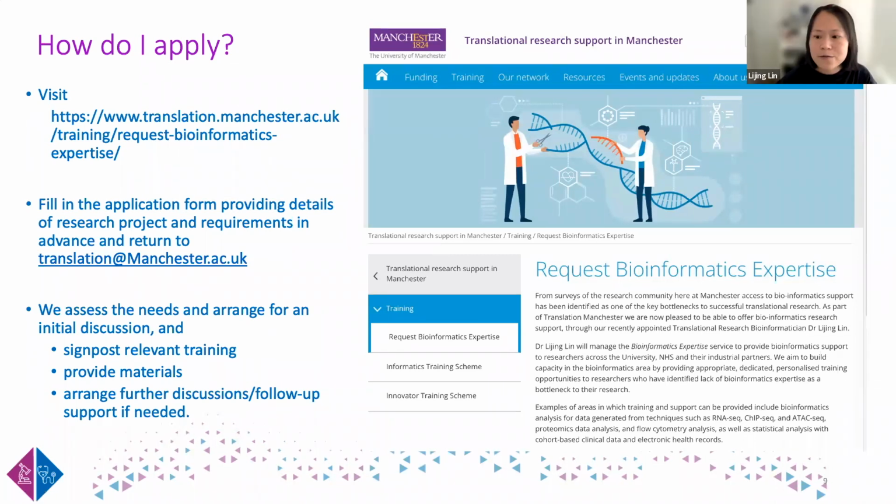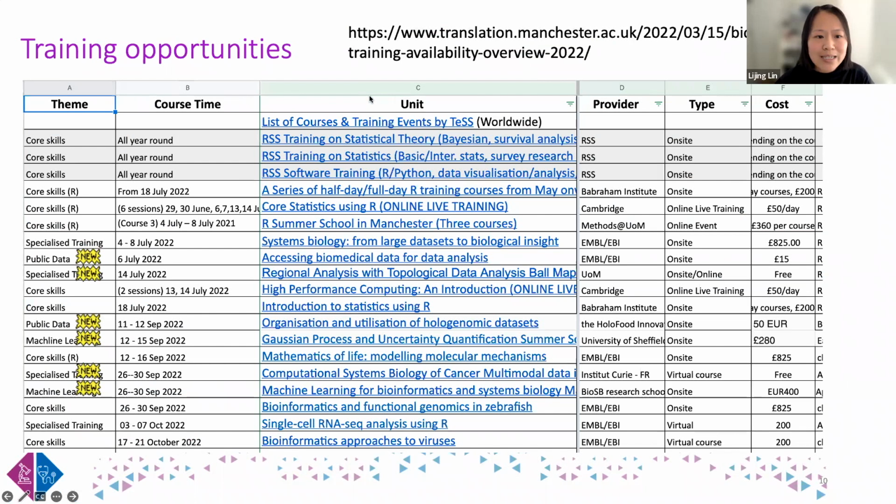A second set of support we're providing is through a set of online resources. Ali, could you move to the next slide, please? So one example of the online resources is this online document, in which we collect a set of training availabilities, both internally or externally provided by prestigious research groups or institutions.